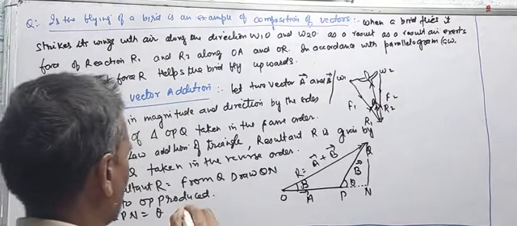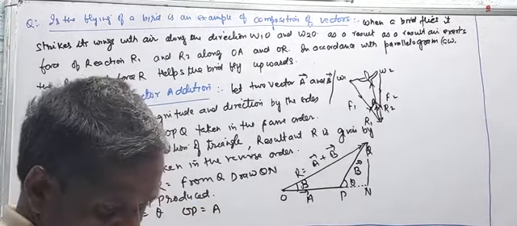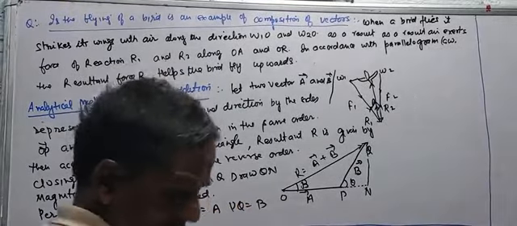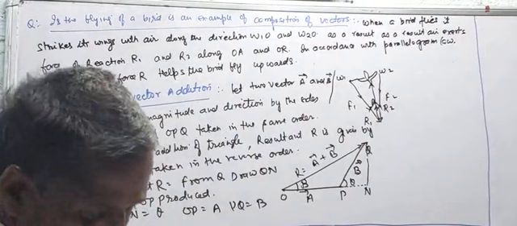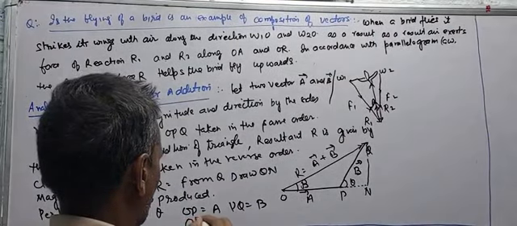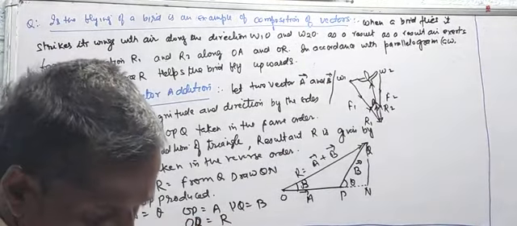OP equals A vector and PQ equals B vector, and OQ equals R vector.